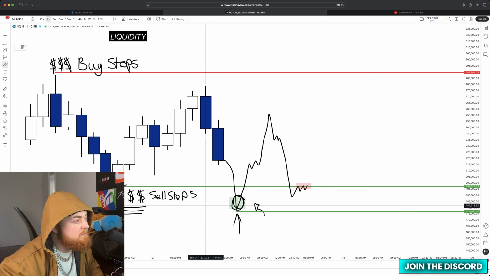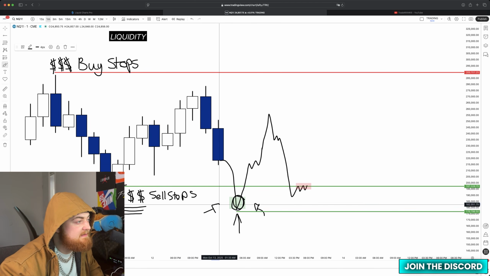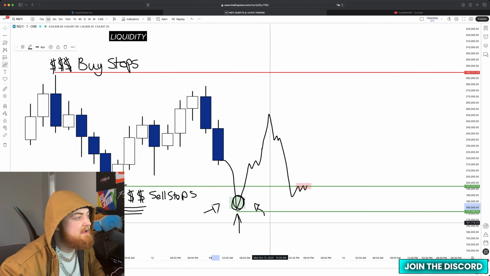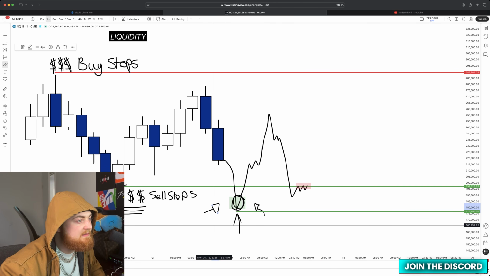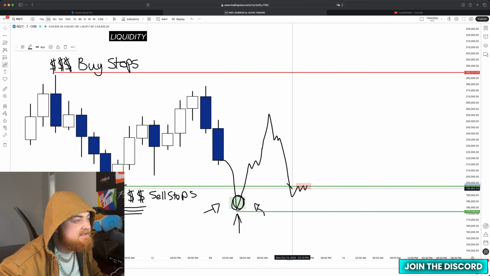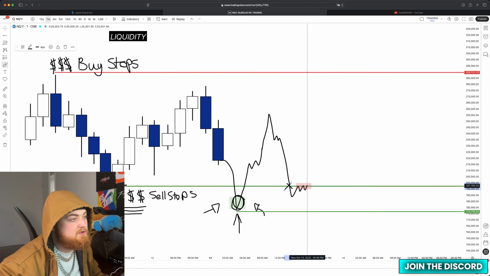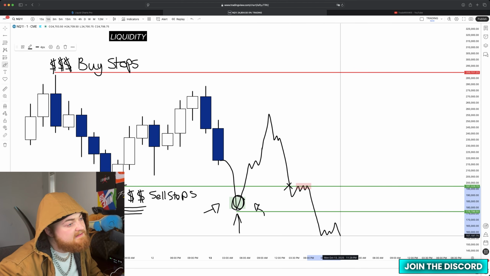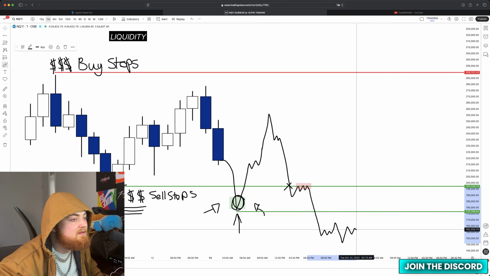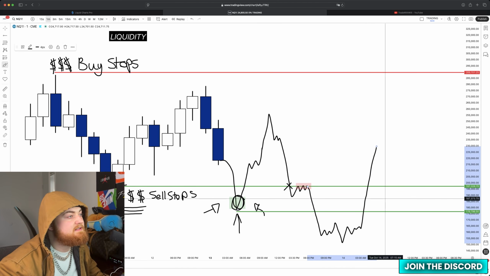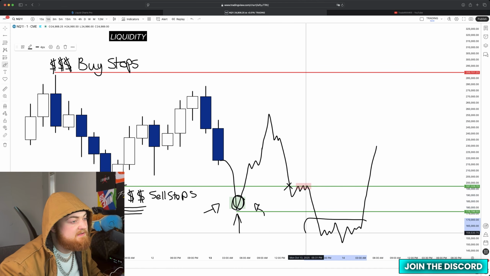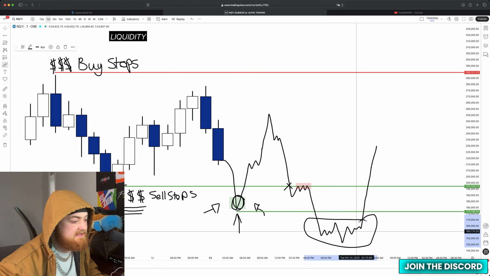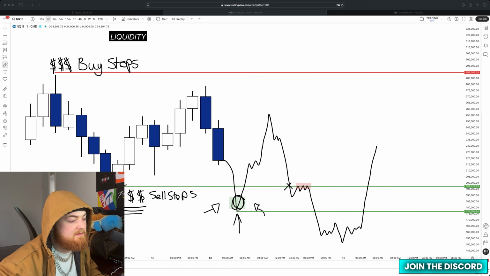Because if enough liquidity was swept underneath that low in the first place, the market has no business being back underneath here. So if it can't get back above that low, it's probably going to make new lows, and it's going to keep doing that until it holds up and pushes. This is also where you get the famous inverse head and shoulders pattern, but this is why that pattern even works.